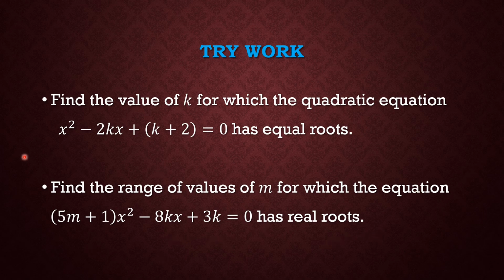Here you have to use the revision on the range of quadratic equations, how to find the range of an equation involving quadratic inequalities. You can use that idea to solve this particular problem.